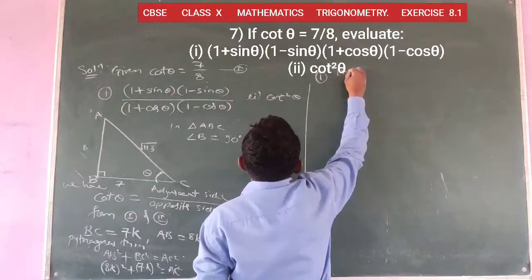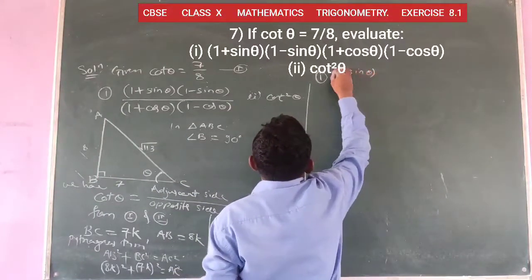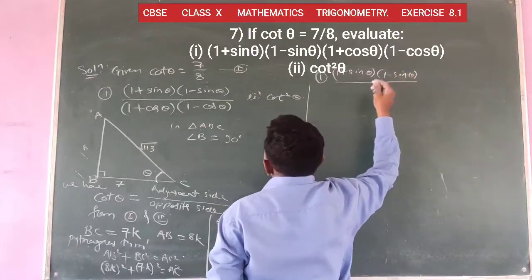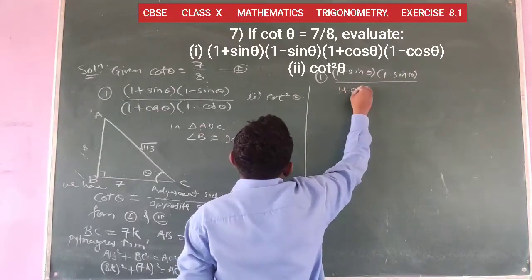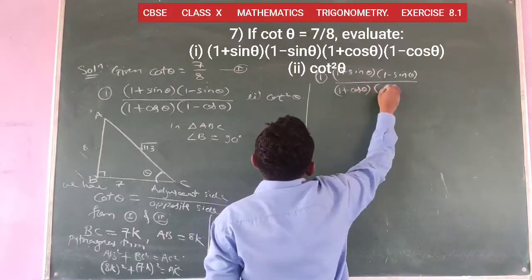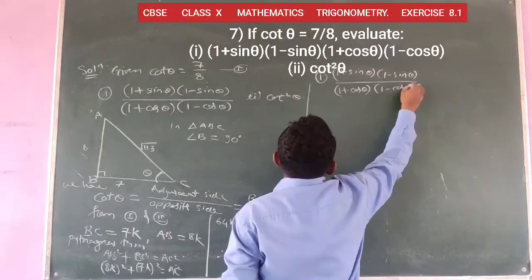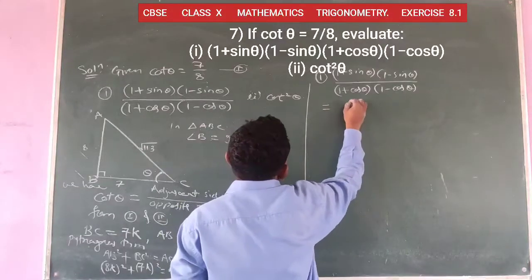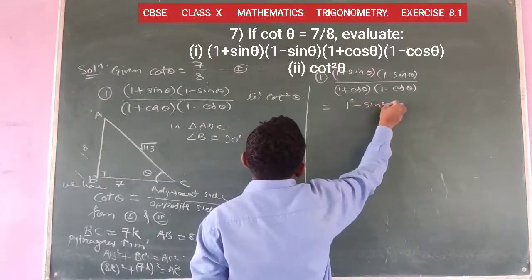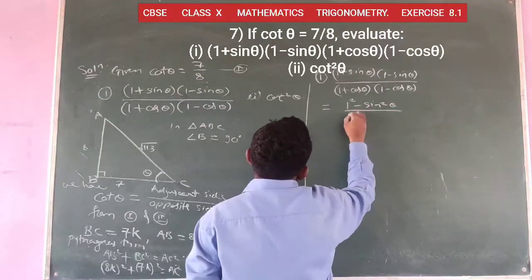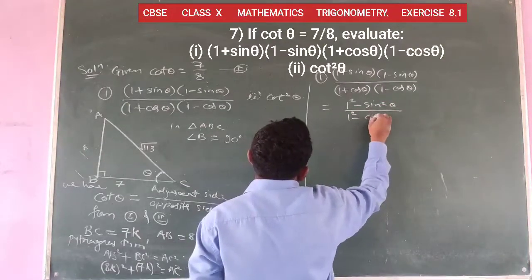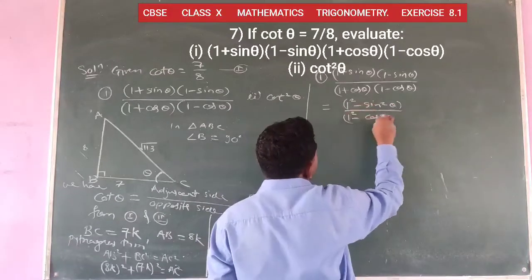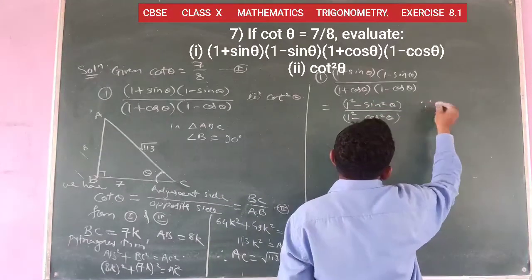1 plus sin theta into another bracket 1 minus sin theta, divided by 1 plus cos theta into another bracket 1 minus cos theta. Then we just write down 1 square minus sin square theta divided by 1 square minus cos square theta. Which formula is used?